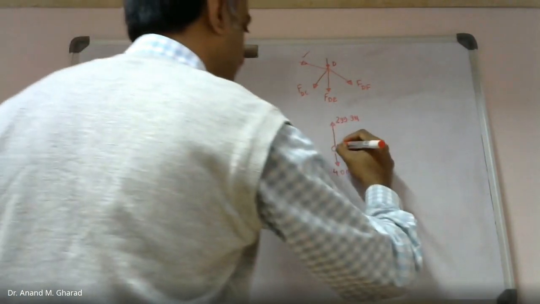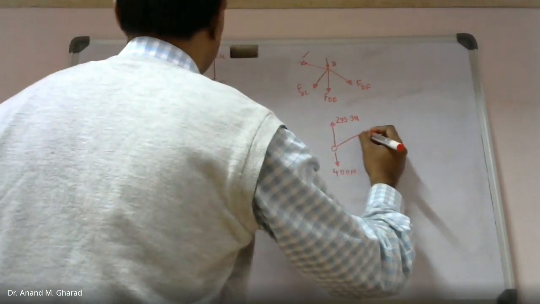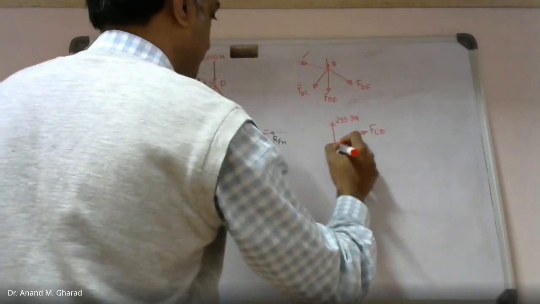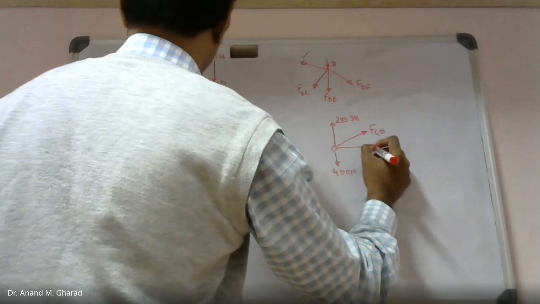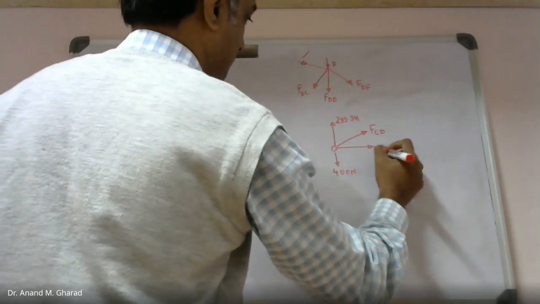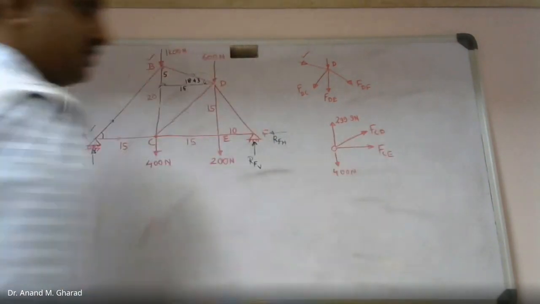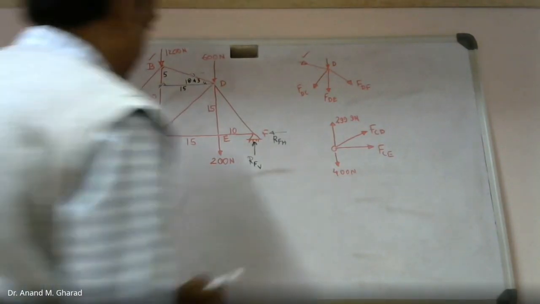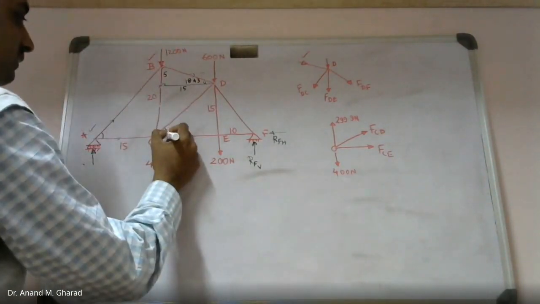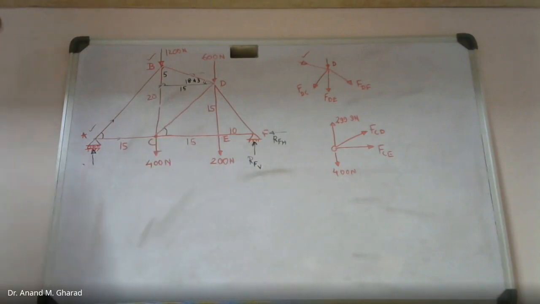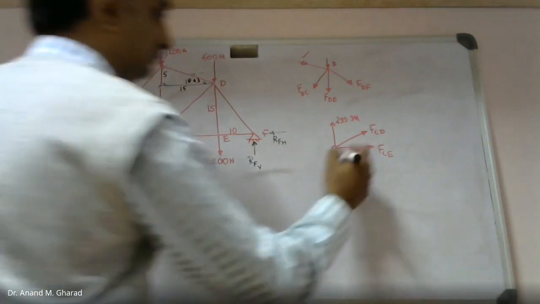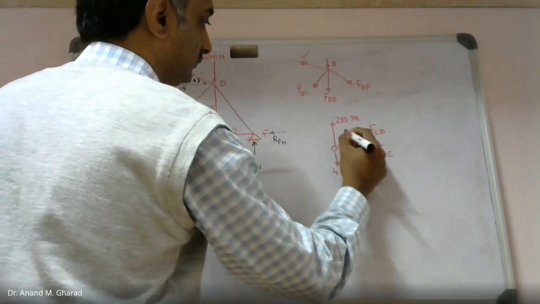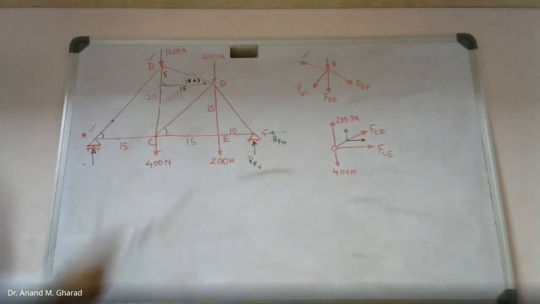Then force in member CD, let me assume tension, and this is force in member CE. Now it becomes simple for us to find out the unknown value. So please calculate this angle. कितना रहेगा angle ये? What will be the value of this angle?